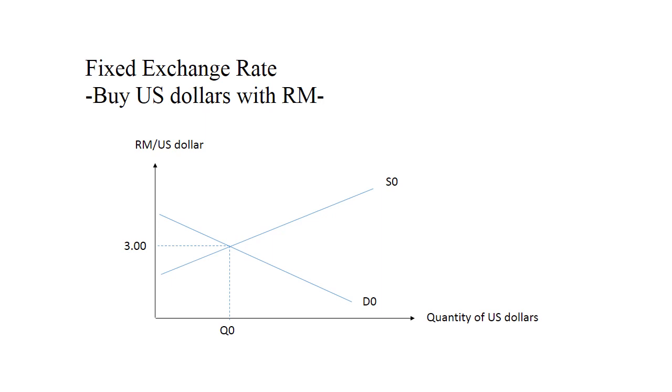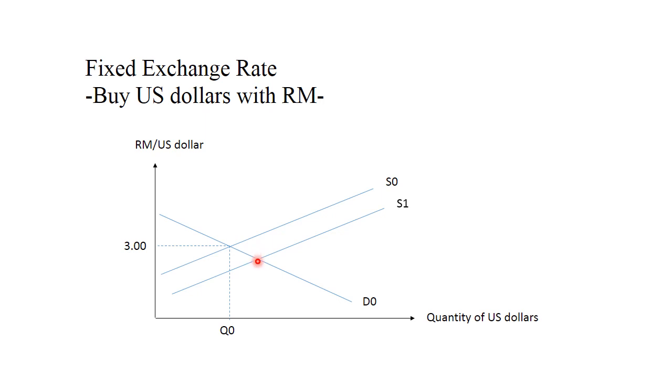Therefore, when the demand for Ringgit Malaysia increases, they need to increase their supply of US dollar. That's why the supply curve of US dollar will shift from S0 to S1, to the right.